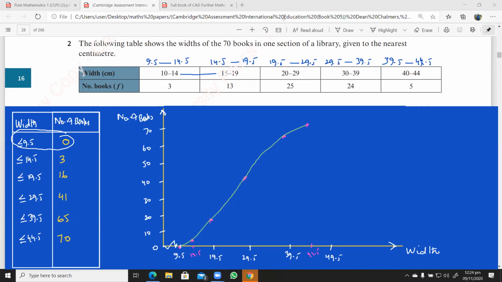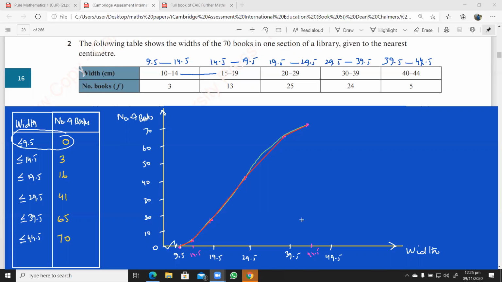Then you can draw lines. For example, you join this point with this with a line, this with this with a line here, this with this, and another line here, and another line here. If you look at the red part, that is going to be a cumulative frequency graph.